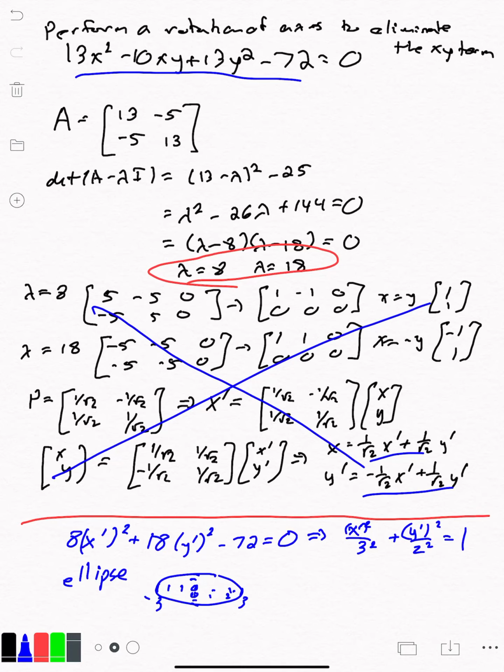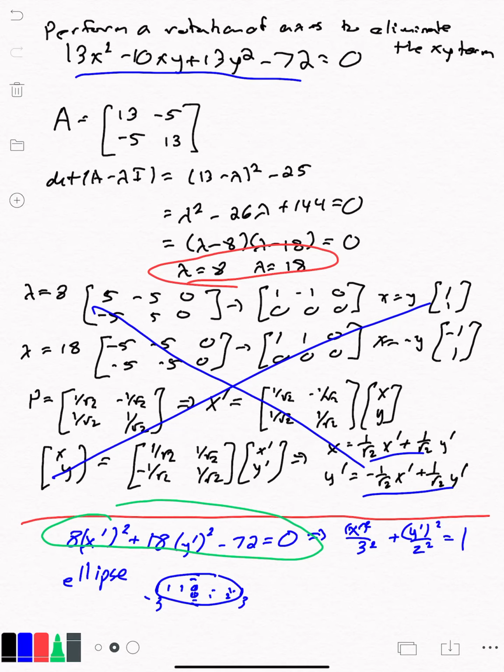Once you find the eigenvalues of it, you are going to go ahead and write out your new quadratic form like we did down here. And then you're going to go ahead and simplify that in order to get what shape it is and what your minor and major axes are.